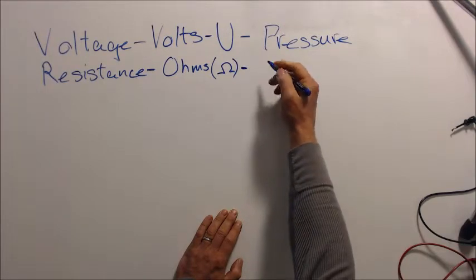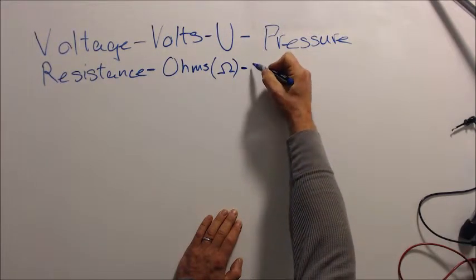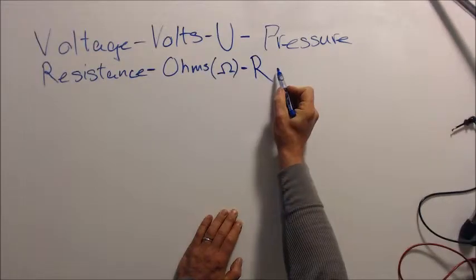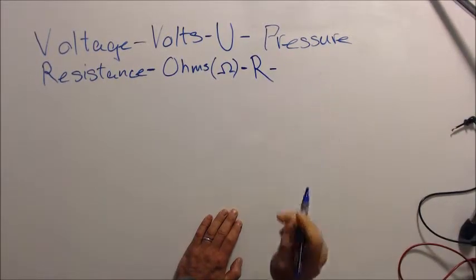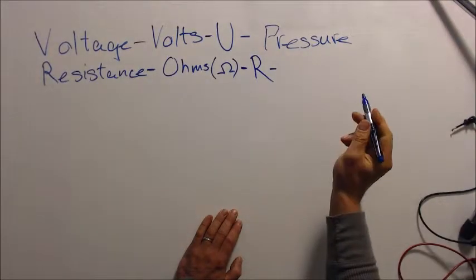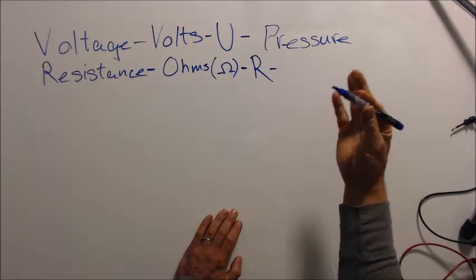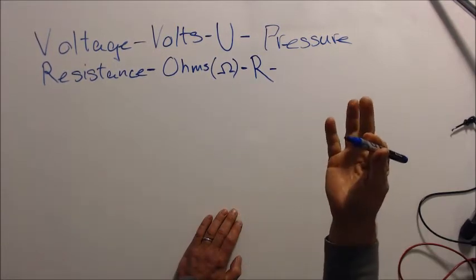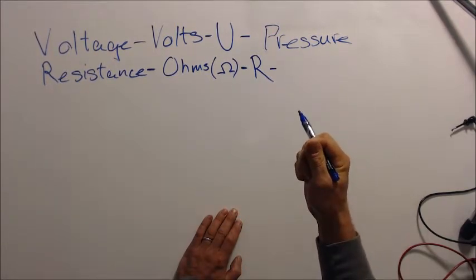The letter that we use mathematically when we calculate this is R. And for the water analogy again, to explain what this actually is, it will be the size of the hose or how much you squeeze the hose.